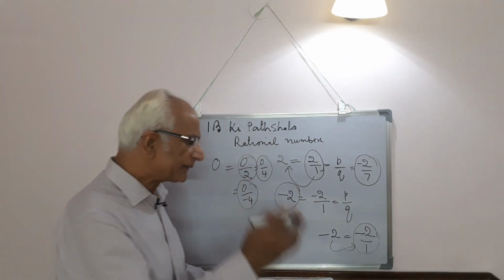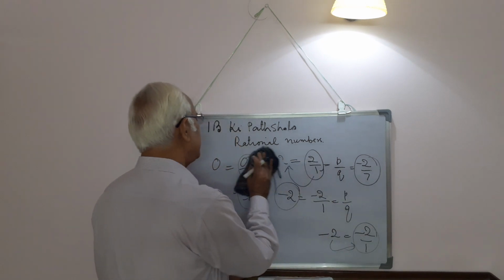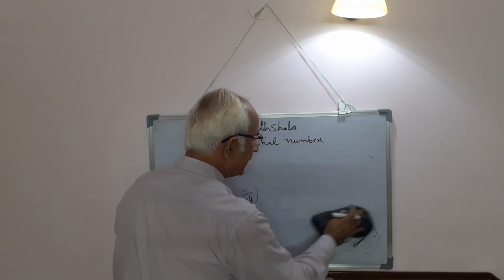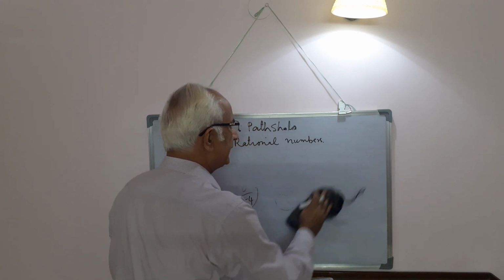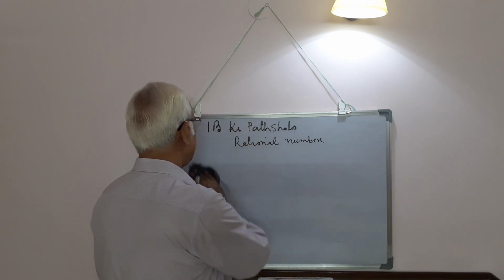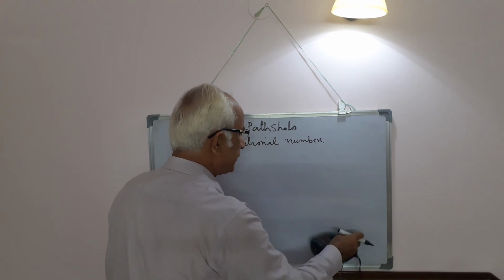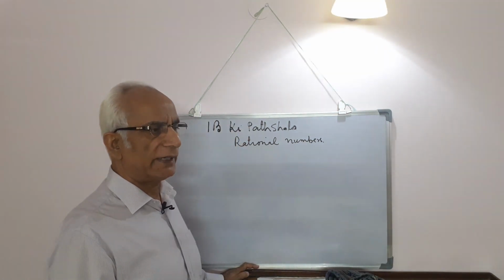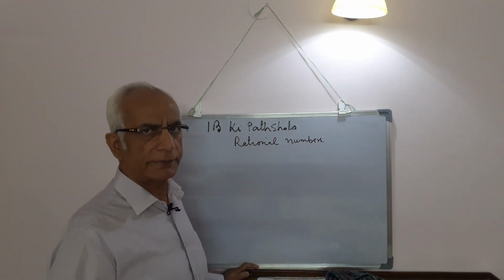Okay? Now let's understand what's the difference between a fraction and a rational number. Because sometimes students get confused. They think a rational number and fraction are similar. No, they are similar only to some extent.